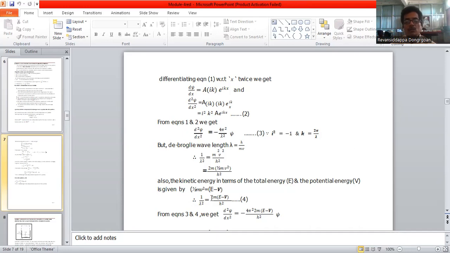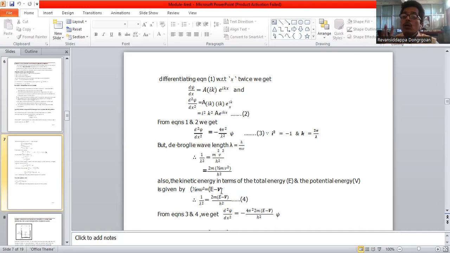Okay, E. So E is equal to half mv square is equal to capital E minus V. Capital E is the total energy for the particle in the box. V is the total potential energy.